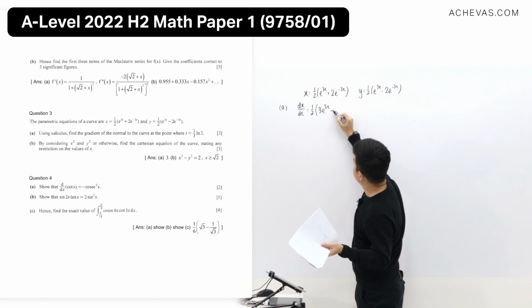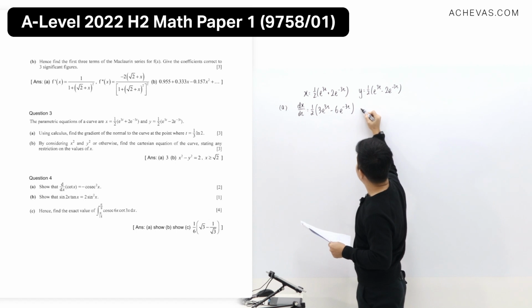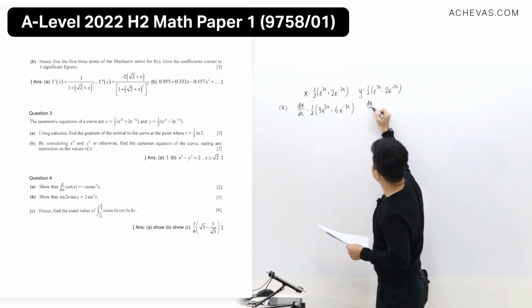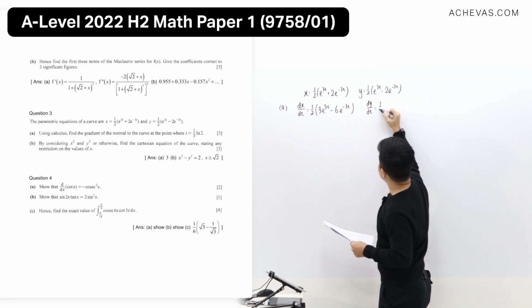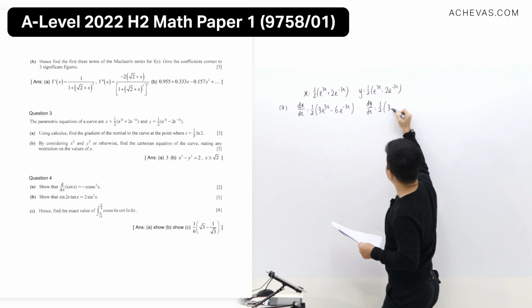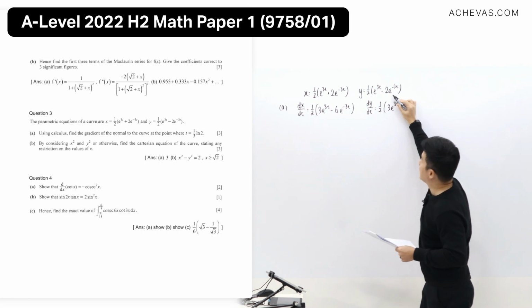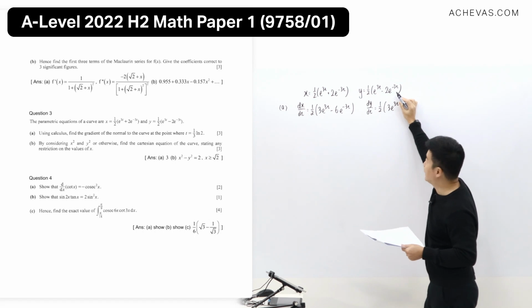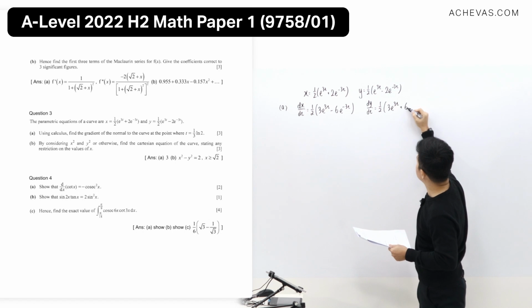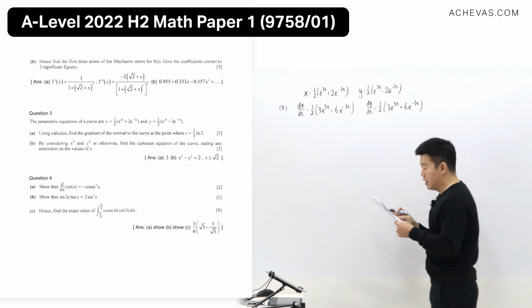Then we will have a negative 6e to the power of negative 3t. And for this, let us find dy dt. It is going to be half, then 3e to the power of 3t. Then negative 2 multiplied by negative 3 gives me positive 6e to the power of negative 3t.